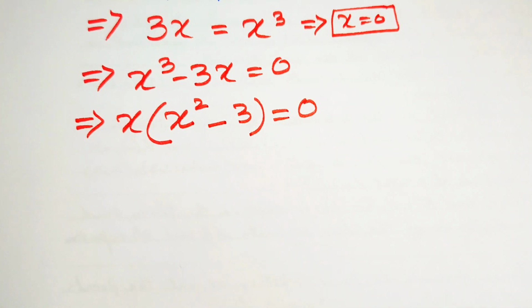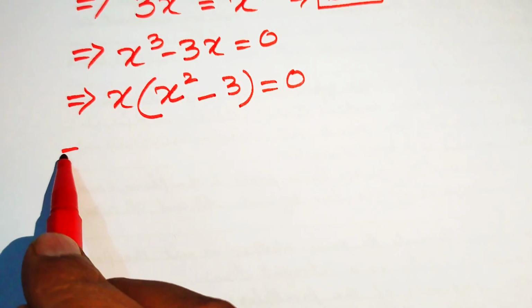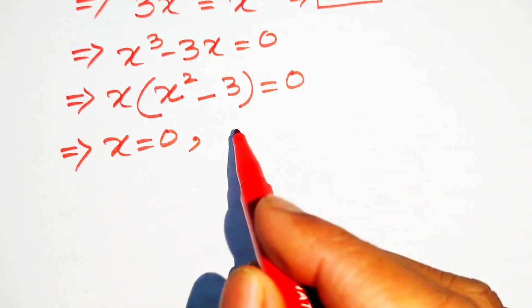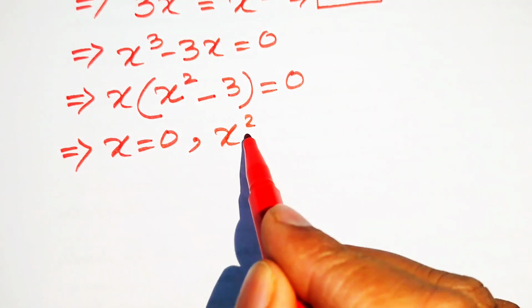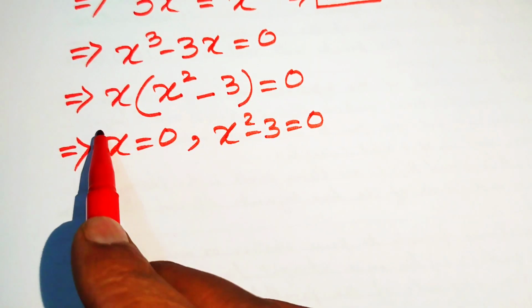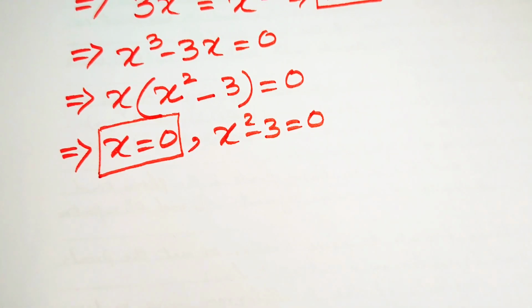In the next step, we divide this equation into two cases. The first case is x equals 0, and the second case is x squared minus 3 equals 0. The first is the solution we also got by assumption.